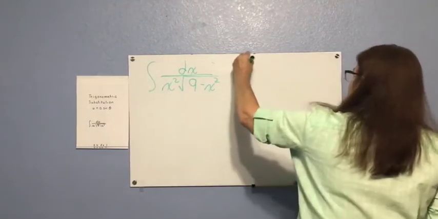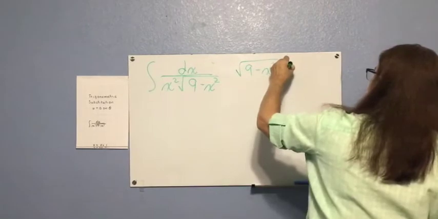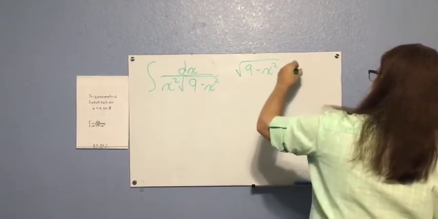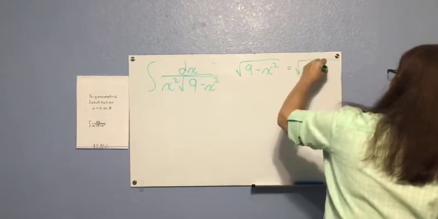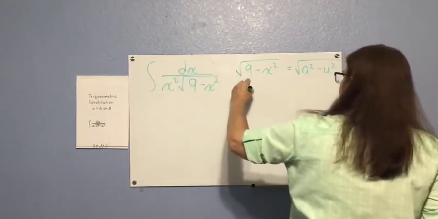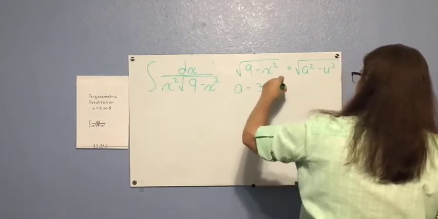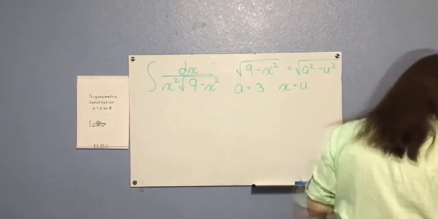I can see that the square root of 9 minus x squared fits the general form of the square root of a squared minus u squared. So a is going to be equal to 3 and x is going to be equal to u.